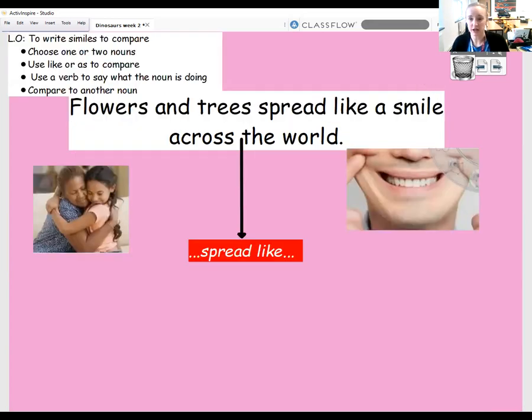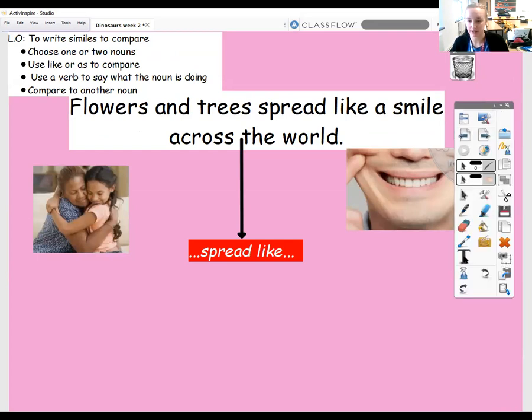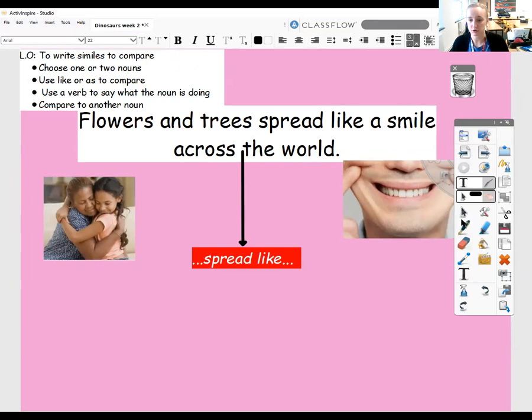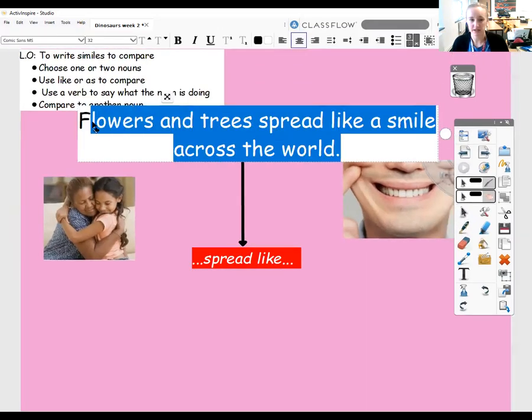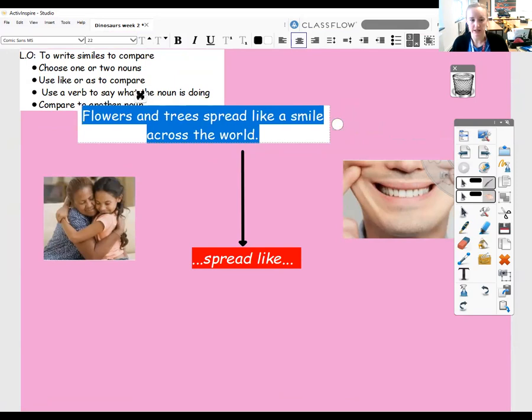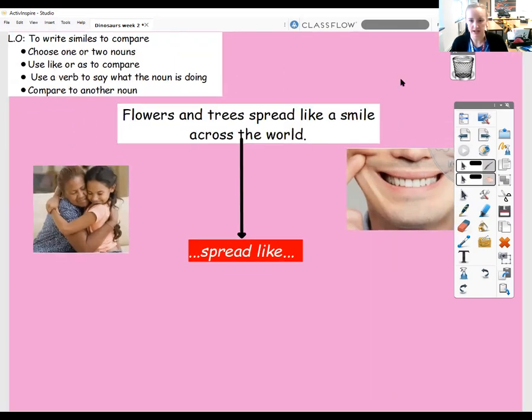So we're going to have a little go now at writing our own simile. Okay, this is what you're going to be doing today. So I want you to use the one that we have got in our story, and then I want to see if you can use it to create your own. I'm just going to make that a little bit smaller so that you can see it and my lovely face isn't hiding it.